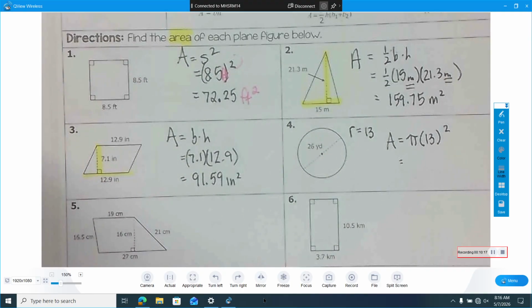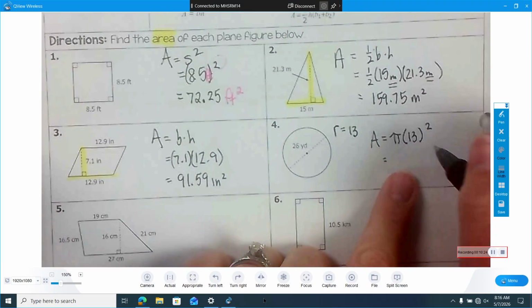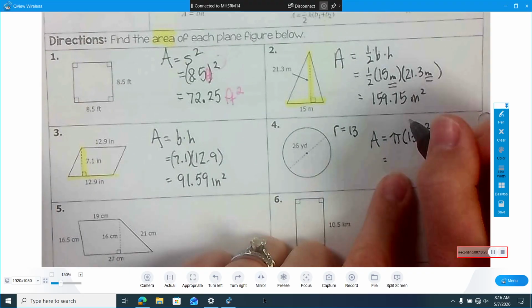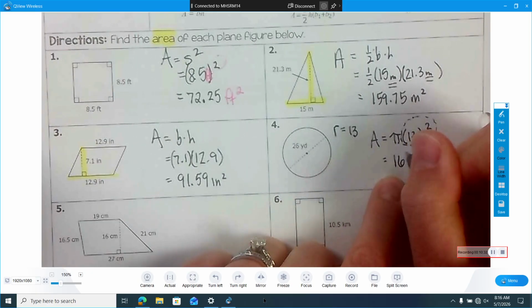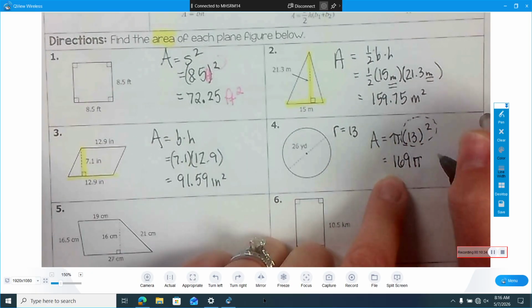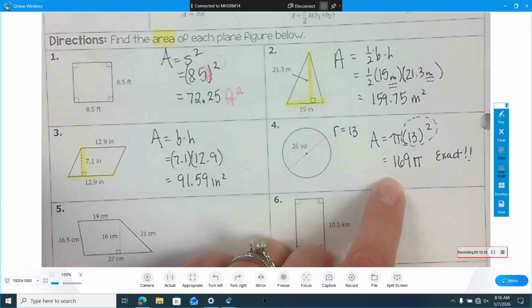I don't know if we want exact answers or decimal answers in Delta Math. I can't remember. But if we want exact answers, then all I'm going to do is multiply my numbers. What is 13 squared? 169 times pi is a lovely exact answer.